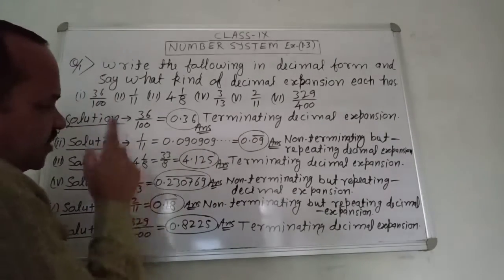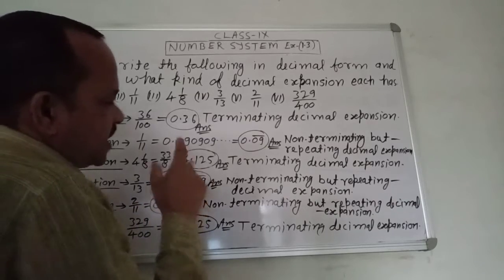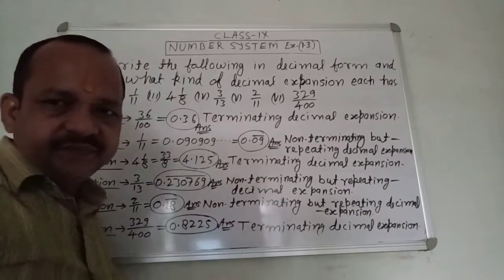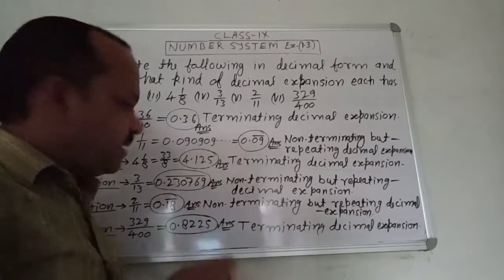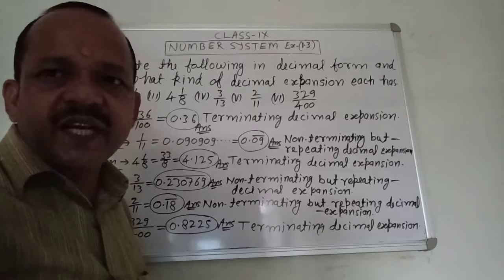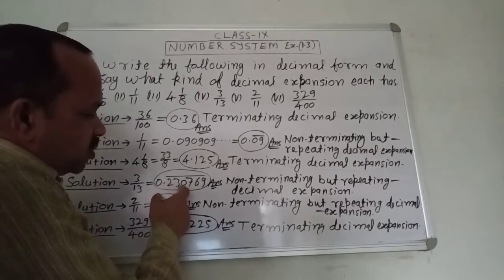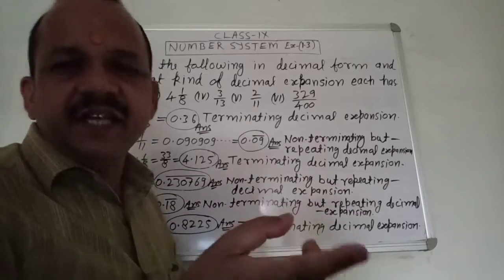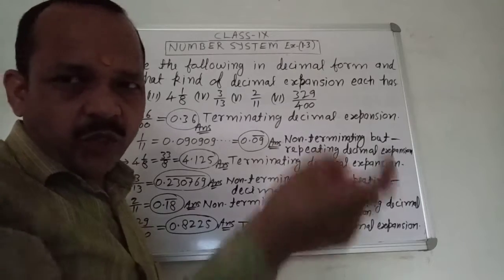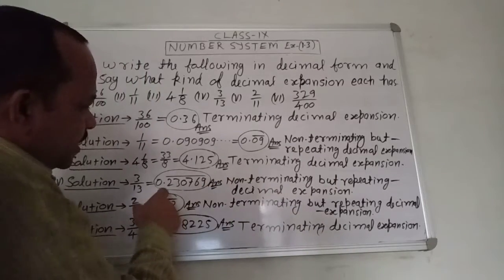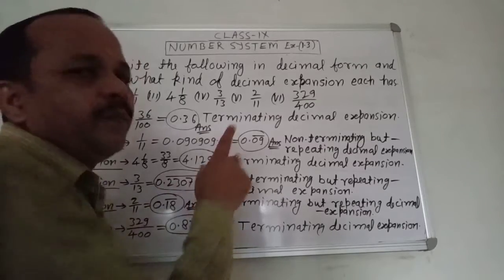Fourth solution. 3 by 13 equals 0.230769 bar. Here you cannot say it is a terminating decimal expansion, because 0.230769 is repeating till infinite. So you can write it as 0.230769 bar.